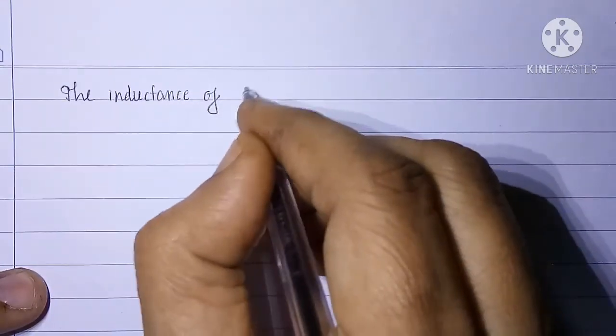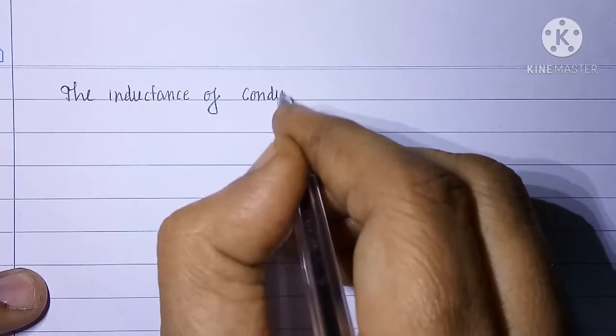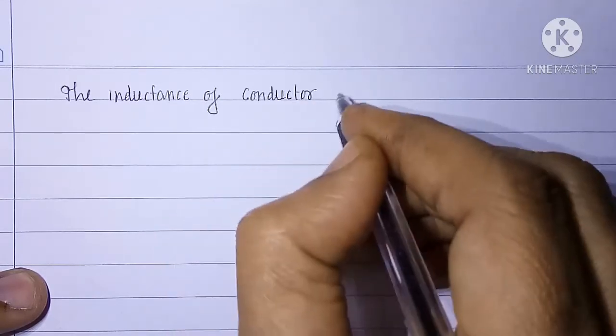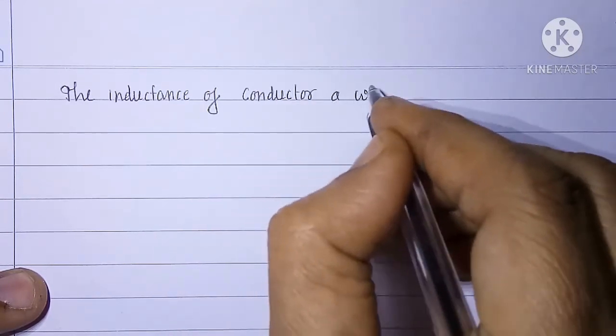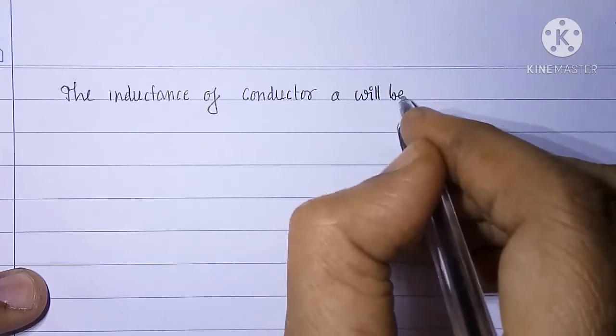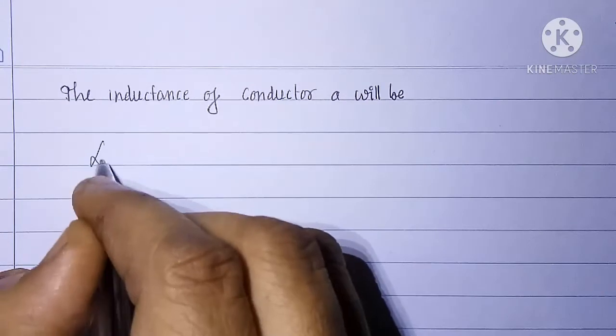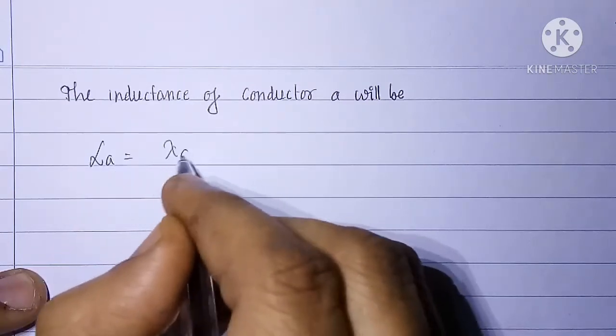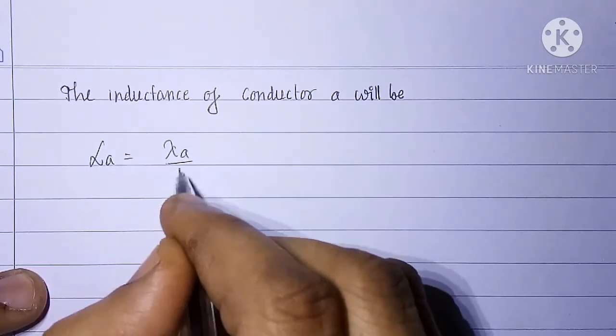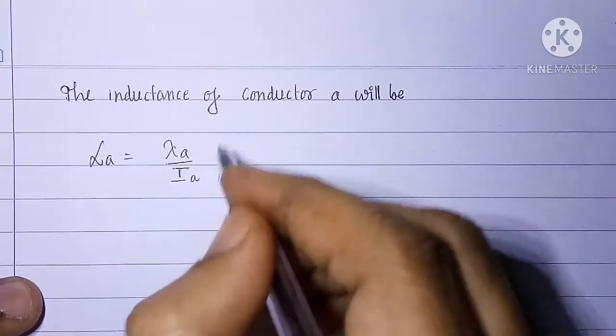The inductance of conductor A will be LA equal to lambda A upon IA.